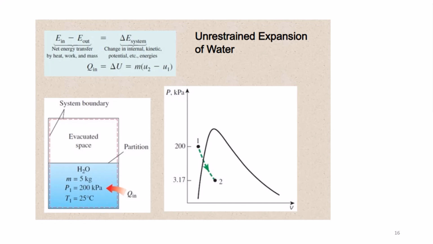So how we can rewrite that, or how we can implement our equation for change in internal energy. And in this case, it's unrestrained, right? So you're not doing any work. So you just have the equation as being Q in equals change in internal energy.